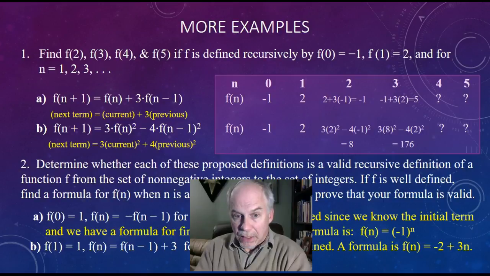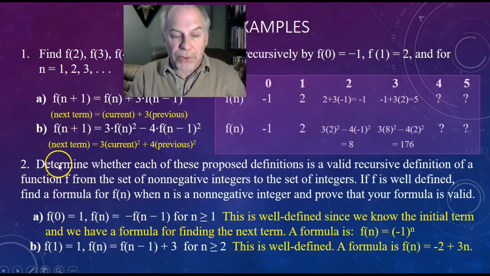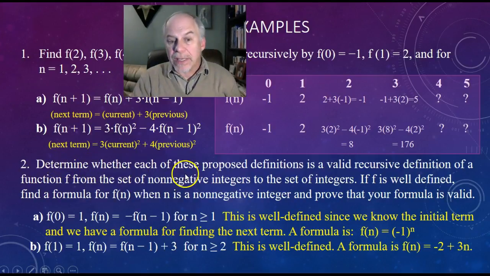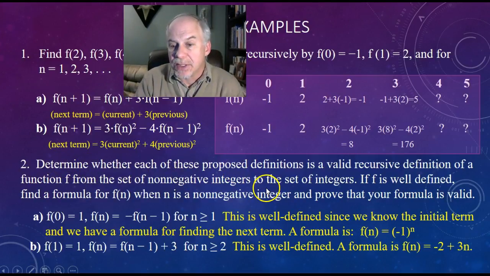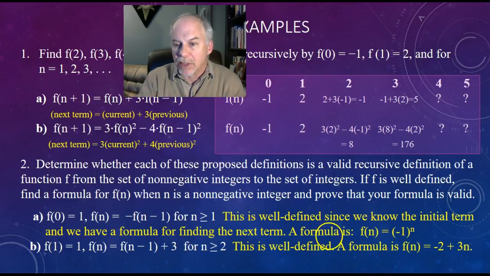All right. So let's look now at number 2. It says determine whether each of these proposed definitions is a valid recursive definition of a function f from the set of non-negative integers to the set of integers. Okay, so we just want to see if this is a valid function, or well-defined function.